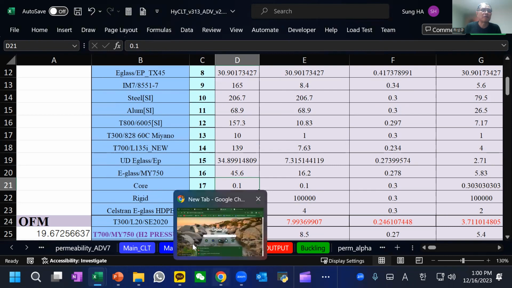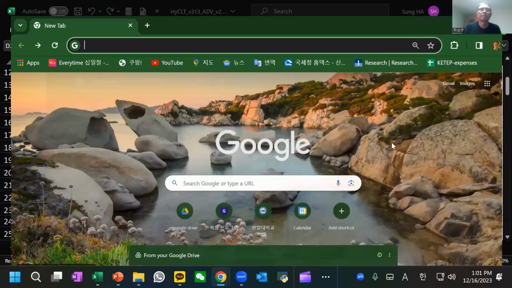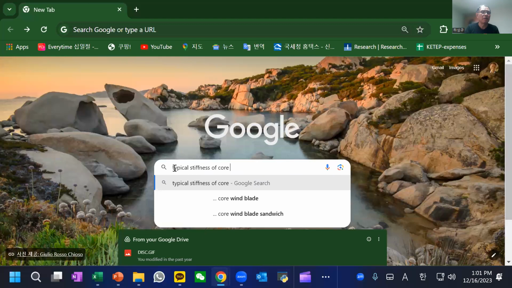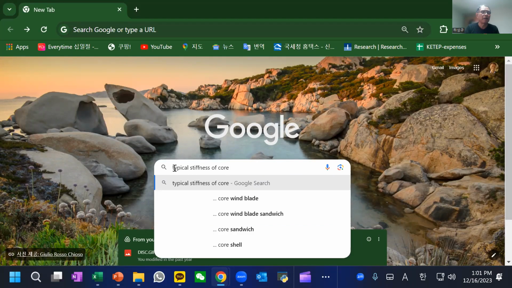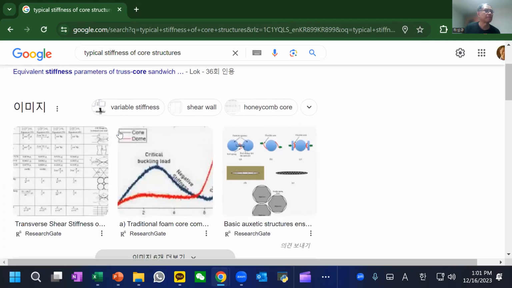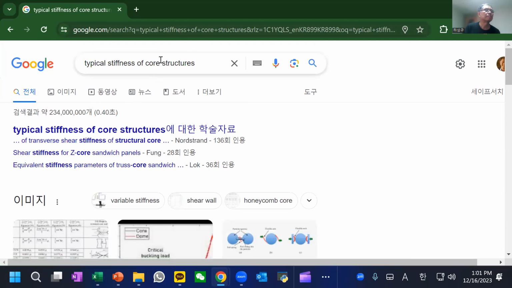And as you can see here, typical stiffness of the core, say for the structures, or wind turbine blade. Okay.